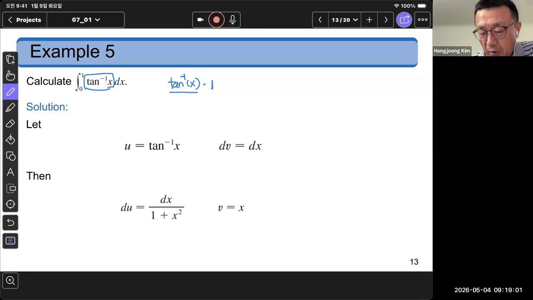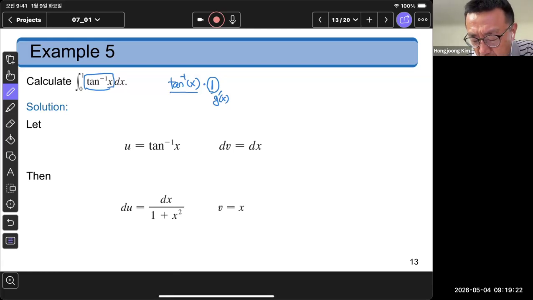If I introduce the constant 1 as my second function, you need to consider this 1 as your g prime. Please do not put this 1 as your f of x, but g prime. And arctangent will be your f of x.